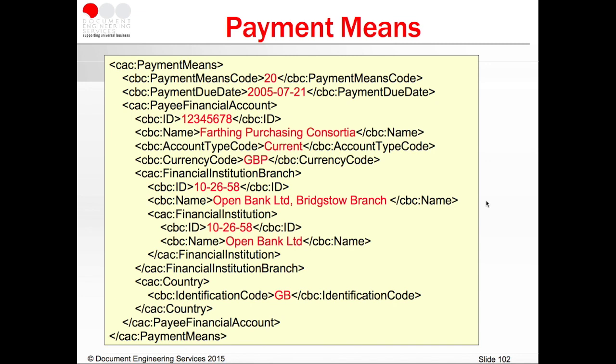We may also, in our invoice, create a payment means. So we would establish that we want this account to be paid, or this invoice to be paid into this account under the name Farthing Purchasing Consortia at this branch of this bank with this identification number.